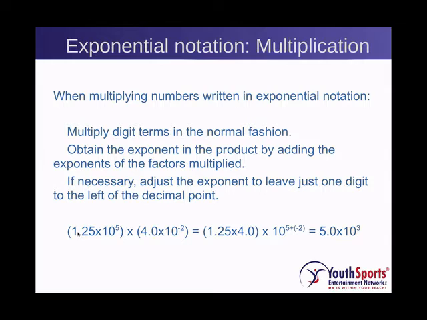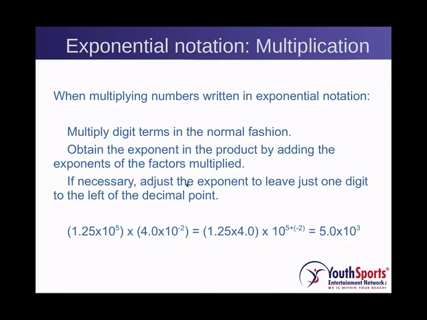So you can multiply the 1.25 with the 4 to get this, and 10 to the 5 multiplied by 10 to the negative 2 is the same as 10 to the 5 plus the negative 2 in the exponent. So 5 plus negative 2 is 3. So 1.25 times 4 becomes a 5, and the exponent for 10 is 10 to the 3.